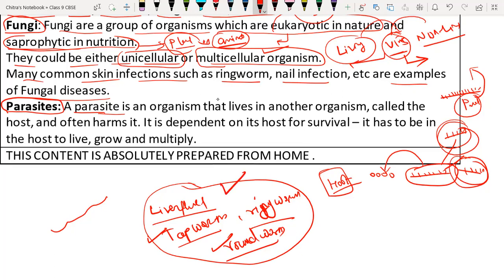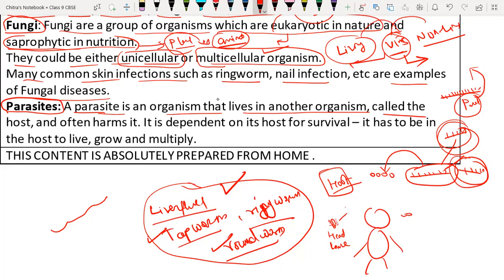So a parasite is an organism that lives in other organisms and totally depends on them for nutrition. Suppose here we have the human body, and this is the parasite. Suppose we have head louse. I hope you are all aware of the head louse. Head louse is also a parasite.